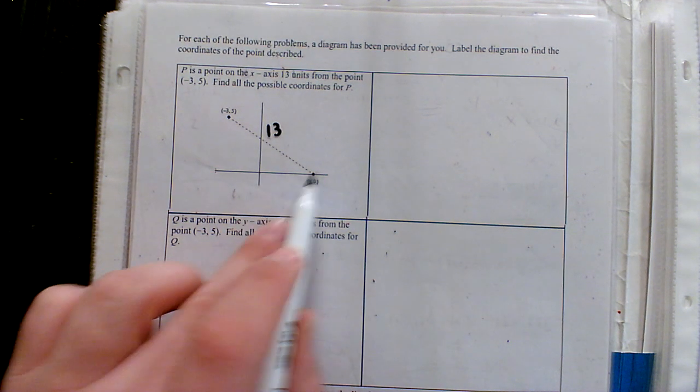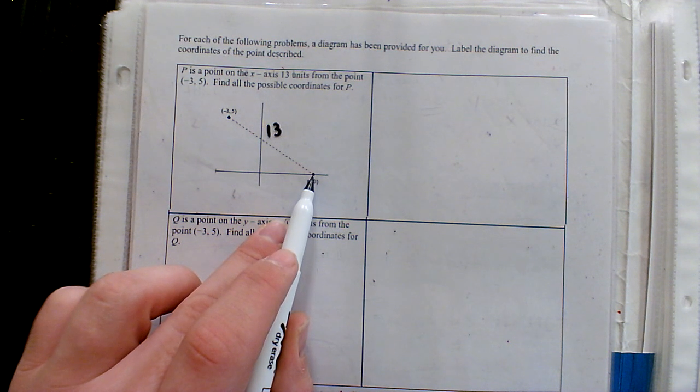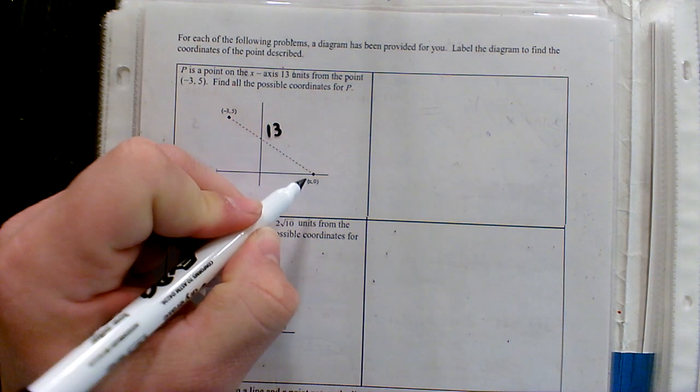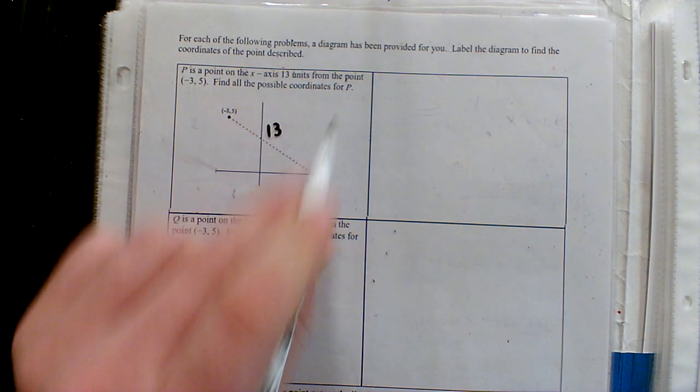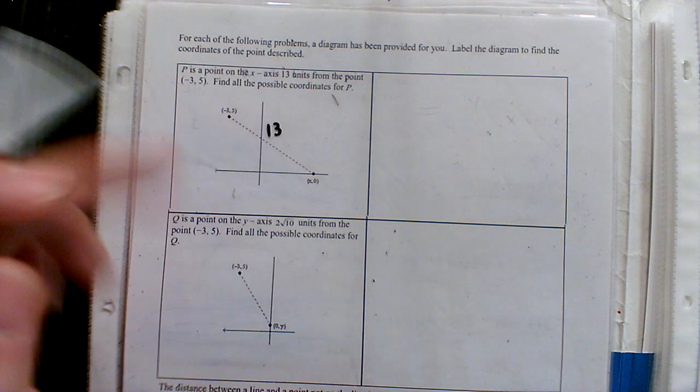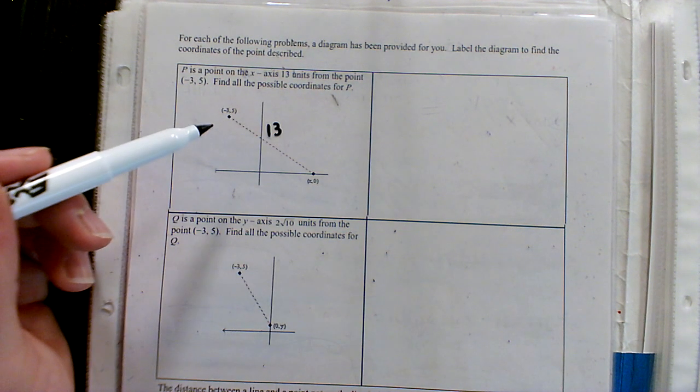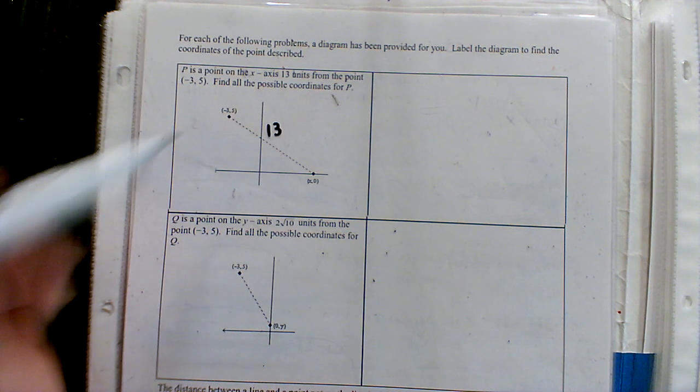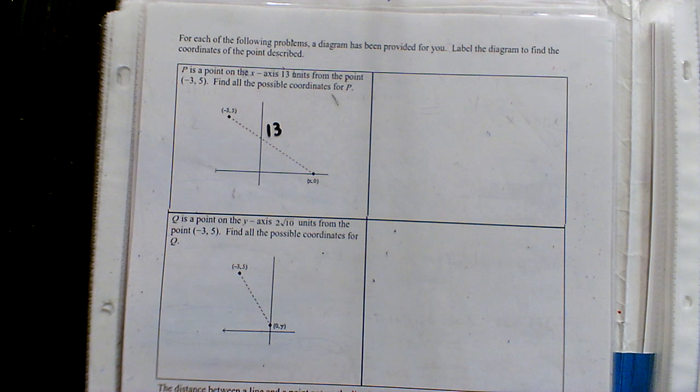It could be over here, it could be over here, it could actually be where they put it. We don't know where it's at yet. This is a possible P that they're talking about. So this could be one of our P points. Is there any other possible points that could be 13 units away on the x-axis, or is this the only one we're going to get?